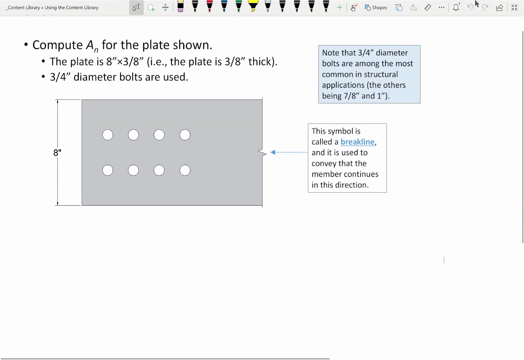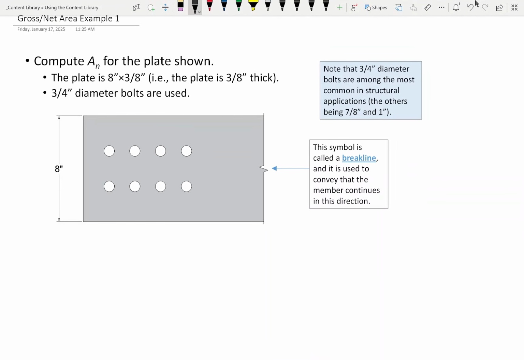Okay, can everybody read that? So what is the gross area for this plate? Somebody take a stab at it. What do you think it is? I promise I'm not trying to trick you. 8 times 3/8. There you go, 100% right.